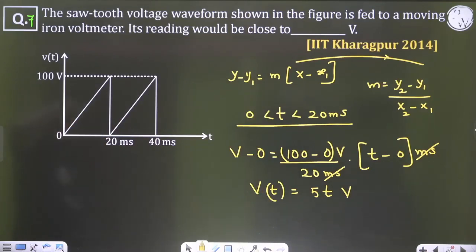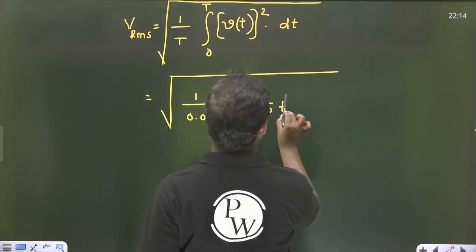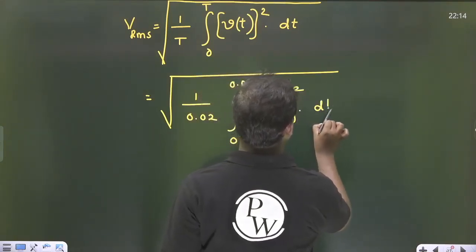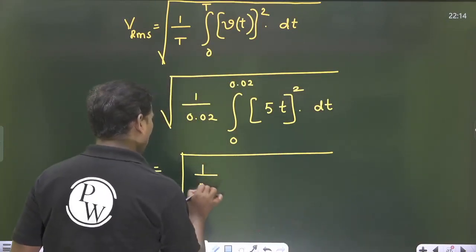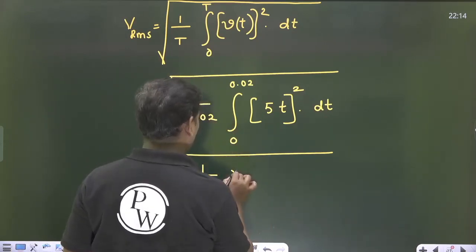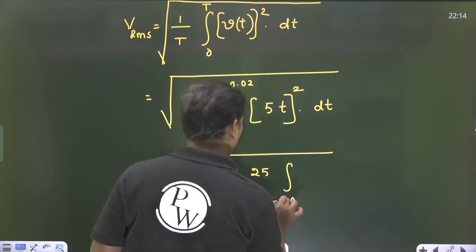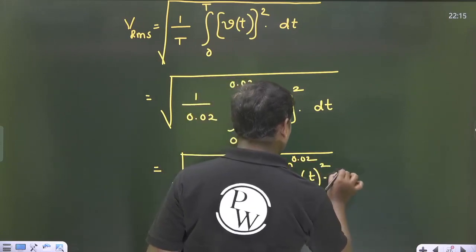The slope is 100 volts by milliseconds, volts per millisecond. x minus x1 is a time, that is also milliseconds, correct? So we get 5t volts. This 5t whole squared, and taking the square root of 1 by 0.02, 5 squared comes out as 25, integration from 0 to T of t squared.